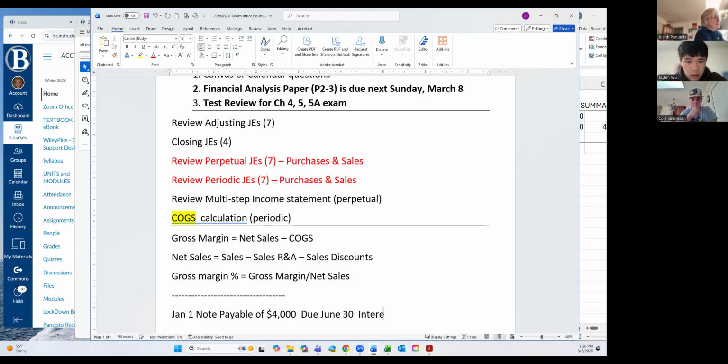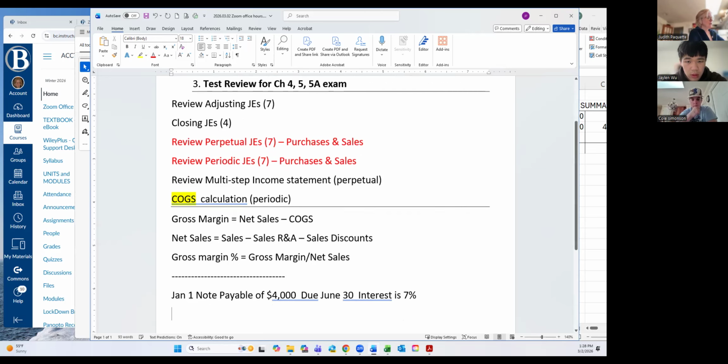And let's say interest is 7%. Let's make it bad. Okay. So what would be your adjusting journal entry to record the interest for the quarter ending March 31st?